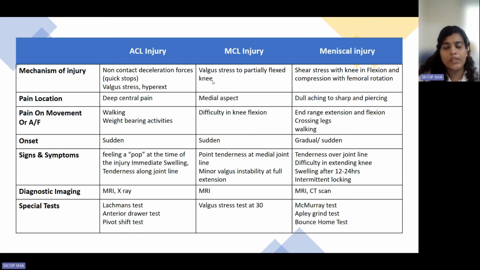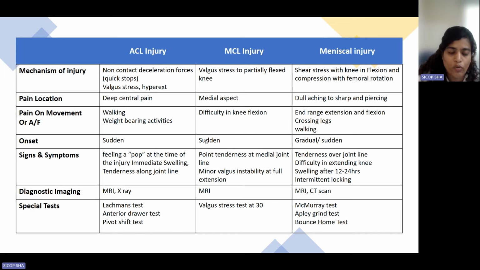When it comes to MCL injury, the MCL, being one of the most dynamic ligaments with an overall role in the knee, is more prone to injury. Valgus stress to a partially flexed knee can cause MCL injury. The patient complains of pain in the medial aspect of the knee with difficulty in knee flexion, right?